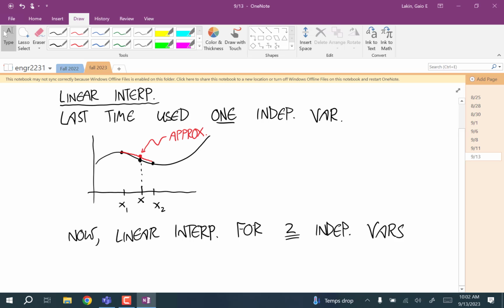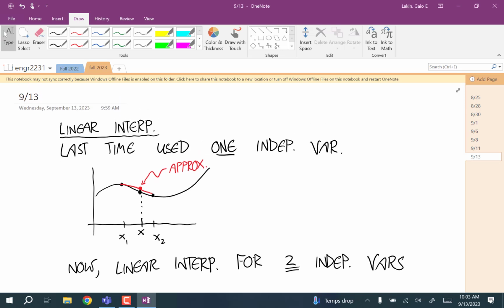So remember I said that in some cases, all you need is one property to specify all the other properties of a material, and in some cases you need two. Remember what that is? On the vapor dome, what's it? Yes. What's the line? At the saturation states, all you need is one property to specify all the other ones. So for one independent variable, this will always work at saturation states, whether it's a saturated vapor or a saturated liquid.